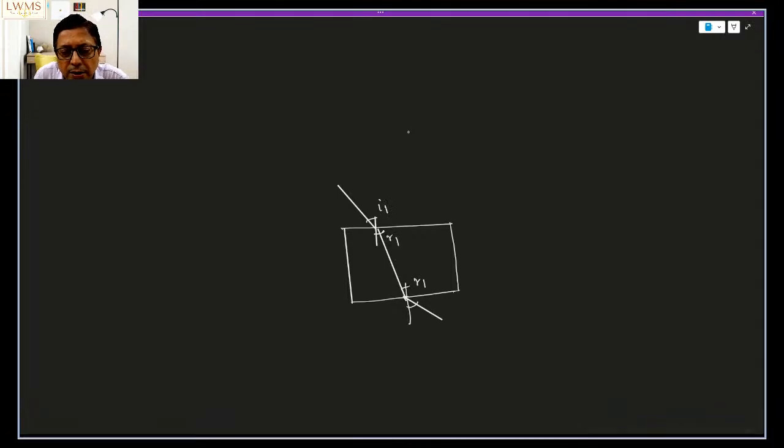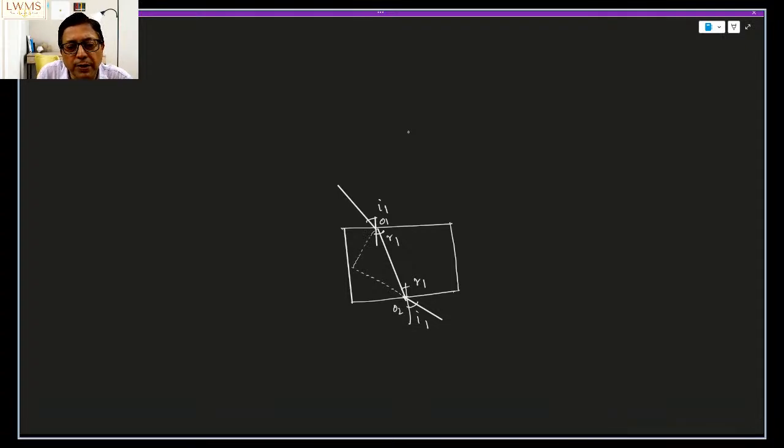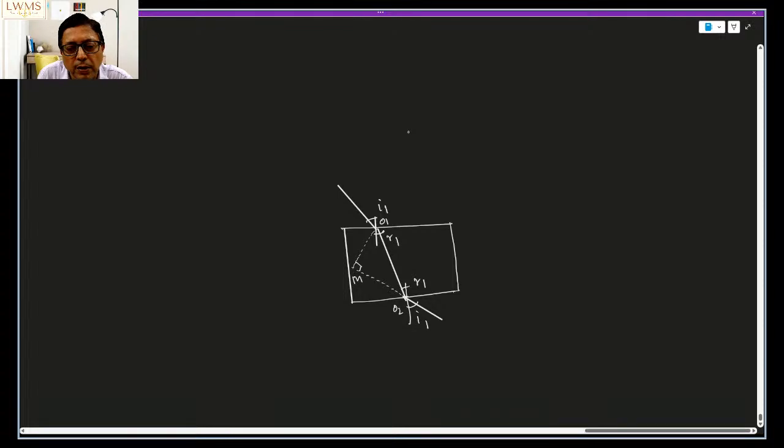This is R1, this is I1. This point we have taken O1, O2, this perpendicular we have dropped, O1M.